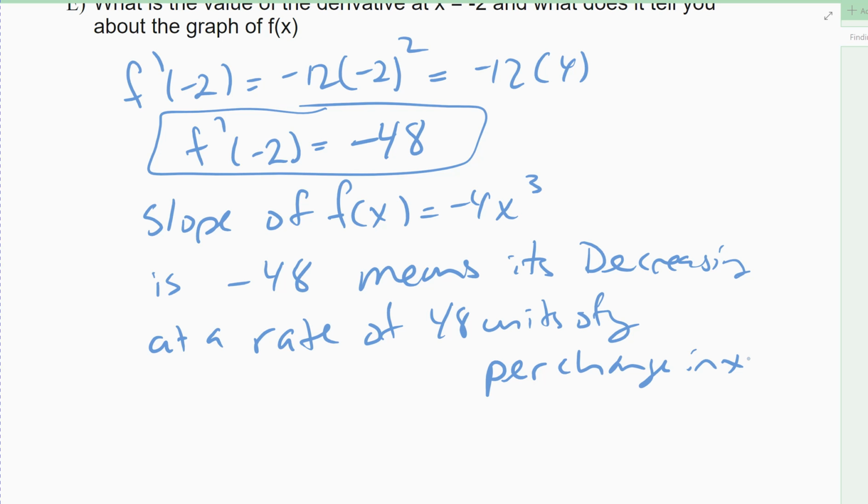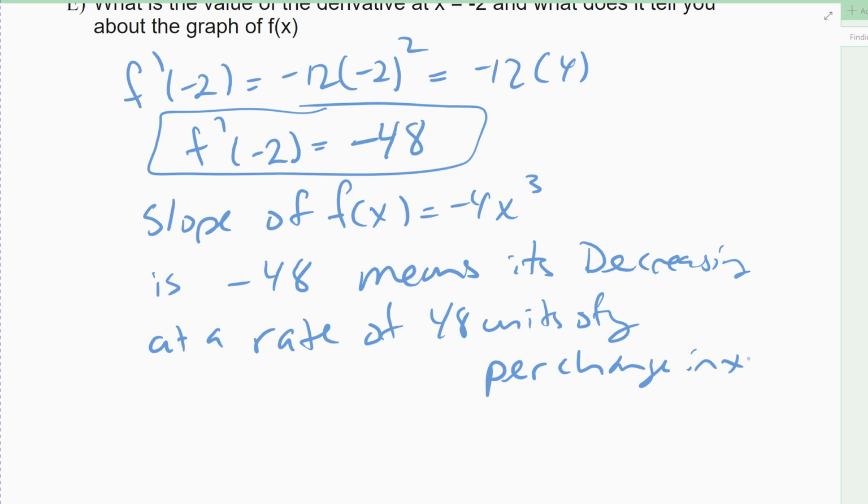Again, -2 doesn't really make sense with time or anything like that. So at -2, whatever -2 represents, say it's debt. At -2 units of debt, the profit is decreasing, so it's going down.